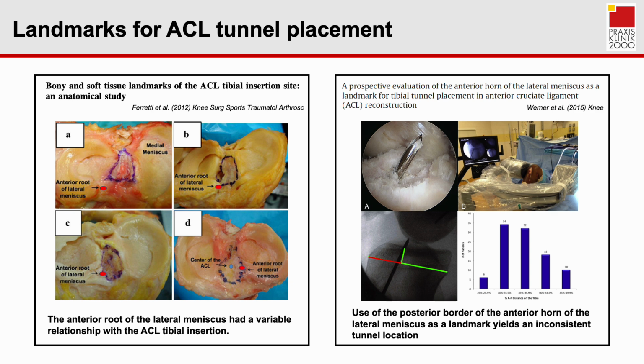However, in a cadaveric study it has been observed that the anterior root of the lateral meniscus had a variable relationship with the ACL tibial insertion, and several clinical studies could demonstrate that the use of the posterior border of the anterior horn of the lateral meniscus yields an inconsistent tunnel location. This landmark should therefore be used with care and only in combination with other landmarks.